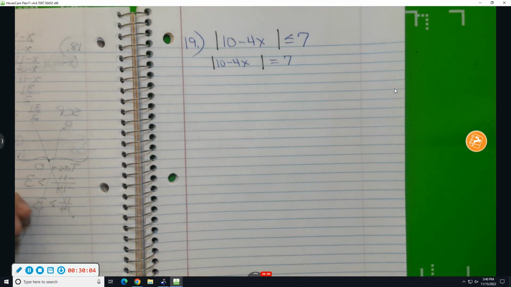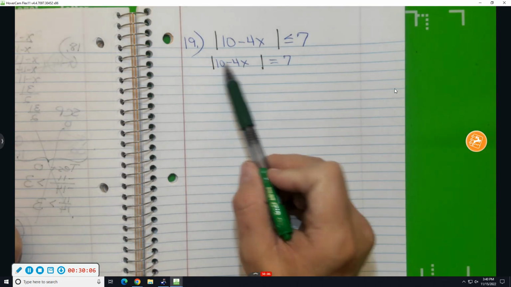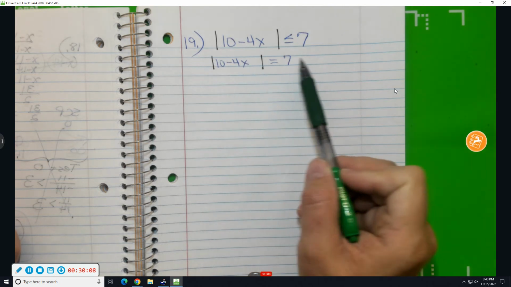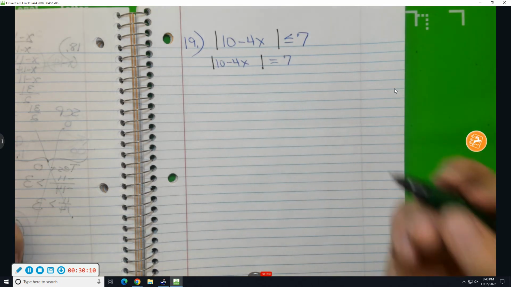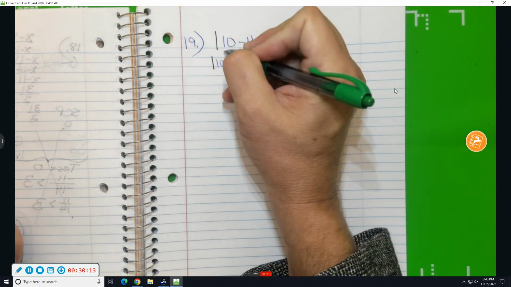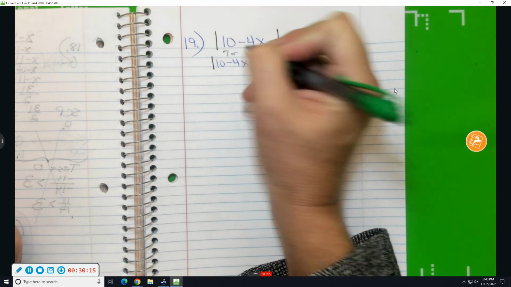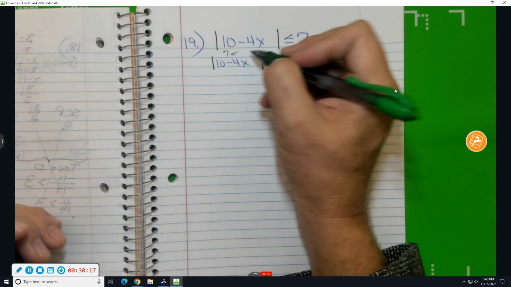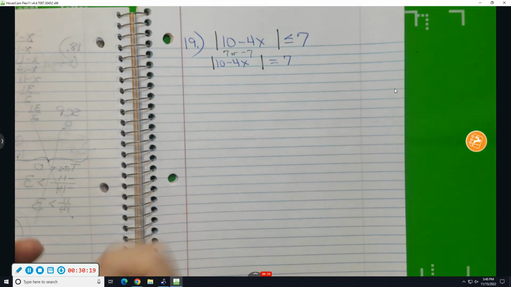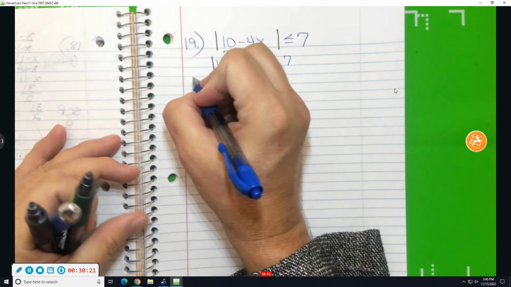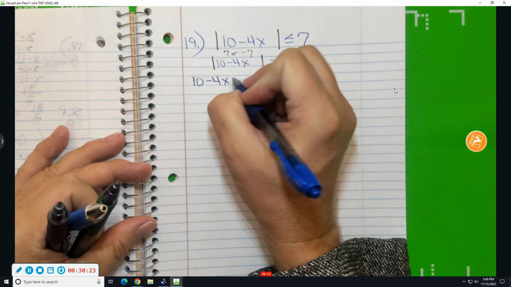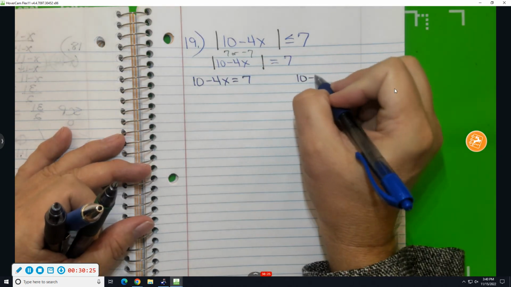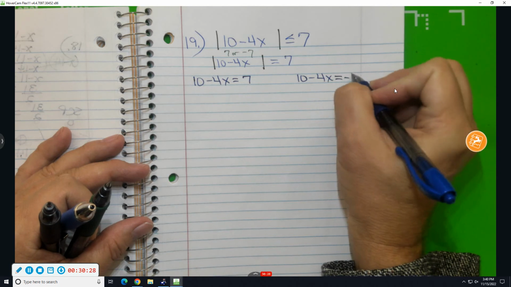What number could you have in here so that when you take the absolute value, you get a positive 7? 7 or negative 7? So you set 10 minus 4x equal to positive 7. 10 minus 4x equals negative 7.